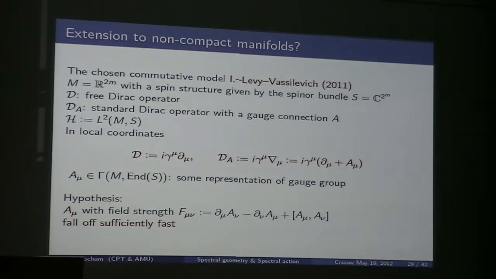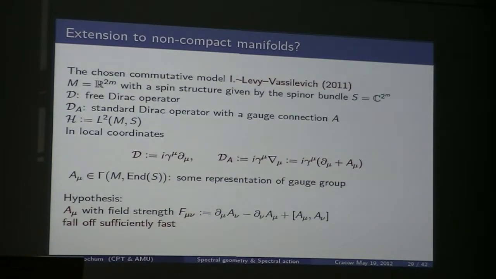So if you prefer, in local coordinates, it's gamma mu d mu, and D sub A is just, you add A mu. And A mu is just a section of M with values in the homomorphisms of S, namely some representation of your favorite gauge group. And we want to compute the spectral action for this operator.